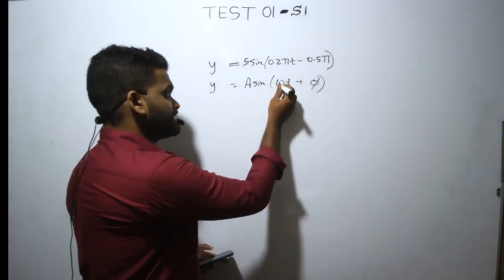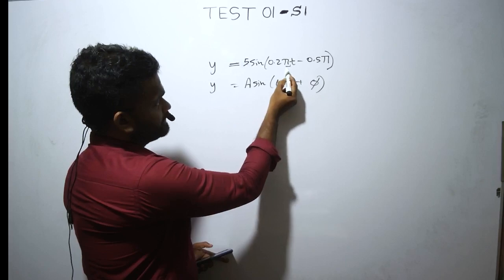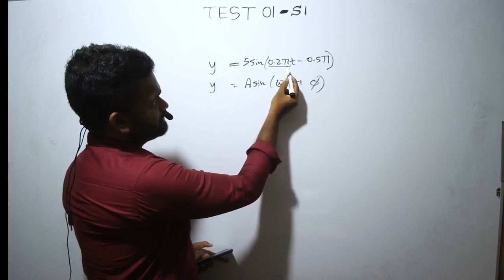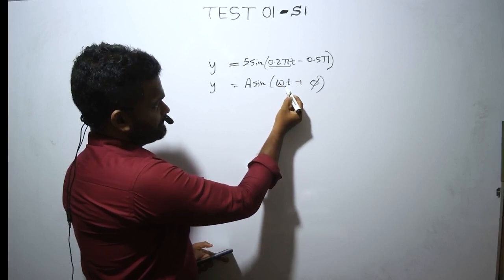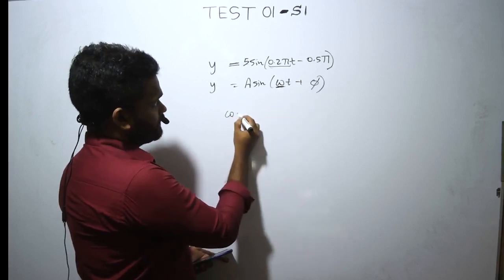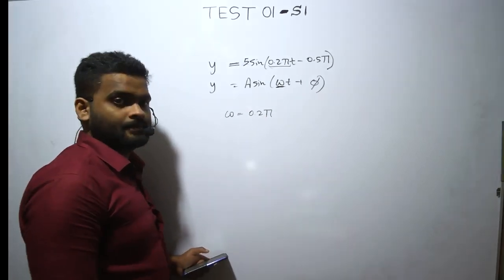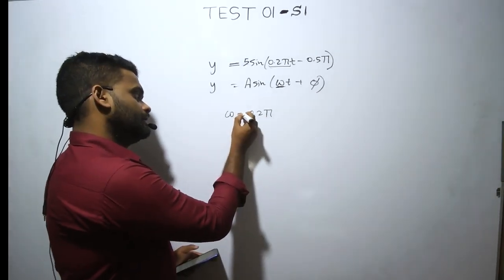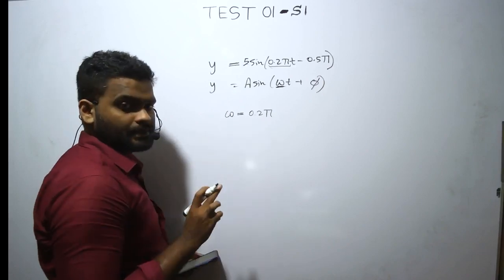So the time period is involved with omega. So you can see in front of t, everything should be omega, right? So using this one, you can find the time period.